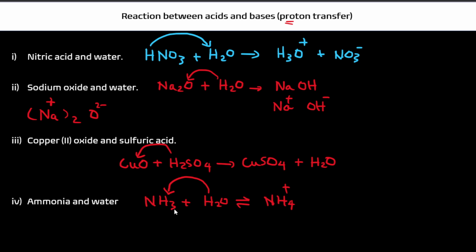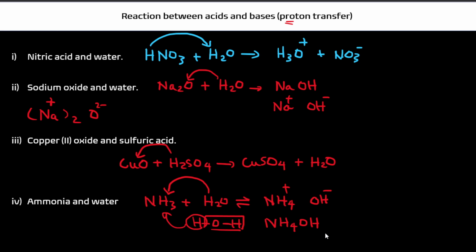Imagine it this way: H2O is like this. Since one of the H left, we are only left with OH minus. Now if you write the full equation, it would simply be NH4OH.